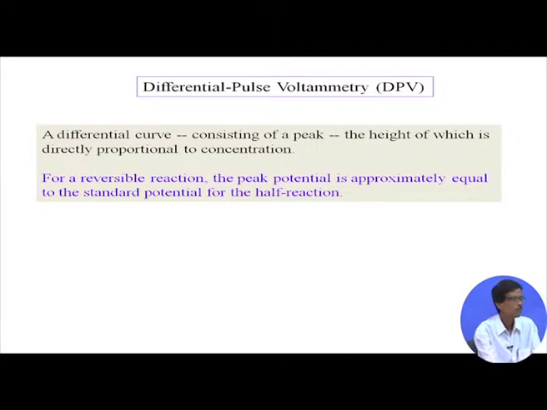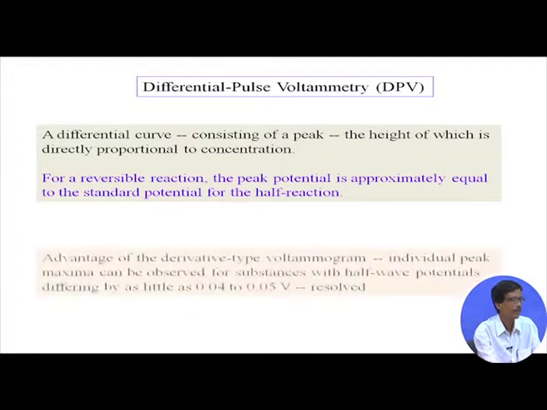For a reversible reaction, the peak potential is approximately equal to the standard potential of the half reaction, because in cyclic voltammetry we have two potentials, EPA, the anodic peak potential, and EPC, the cathodic peak potential. The average of the two gives the standard potential for the half reaction for the complete cycle of oxidation as well as reduction.